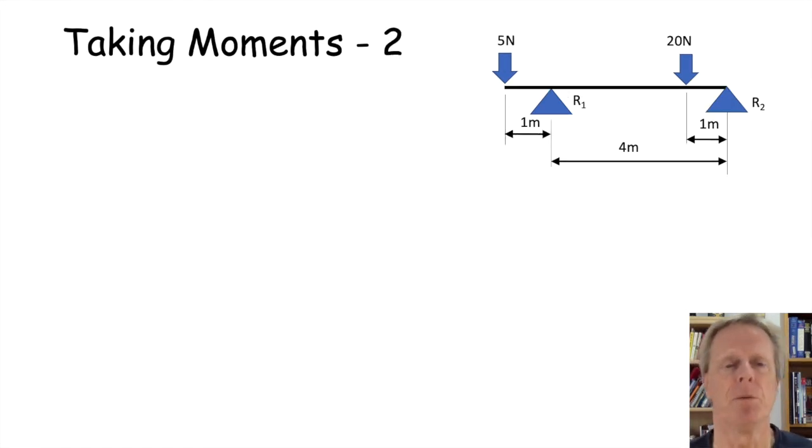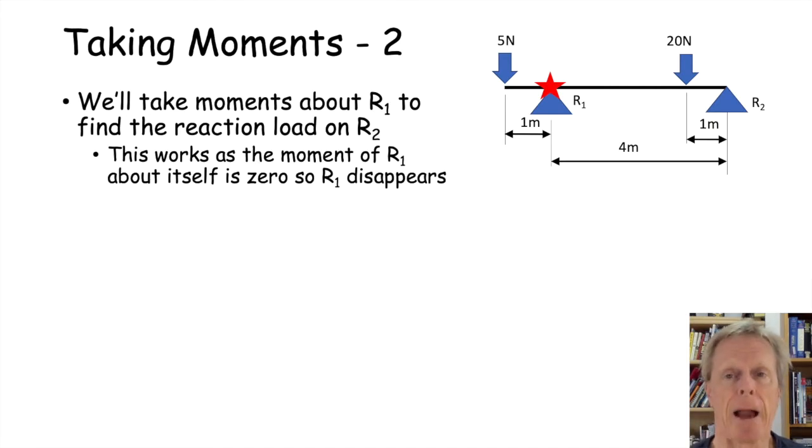So here's an example. We've got a simple system here, and what we're going to do is to take the moments about reaction 1 to calculate the unknown force on reaction 2. And this works because, by taking moments about the support itself, reaction 1 is at 0 distance from where you're taking the moments, there is no moment there, so that eliminates reaction 1.